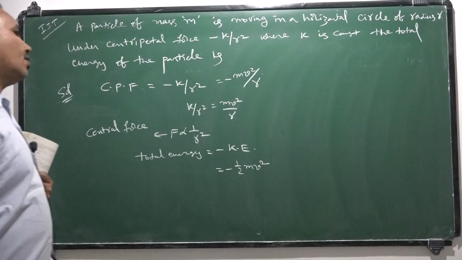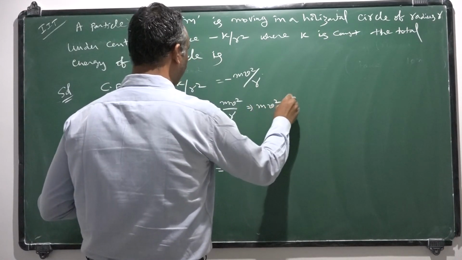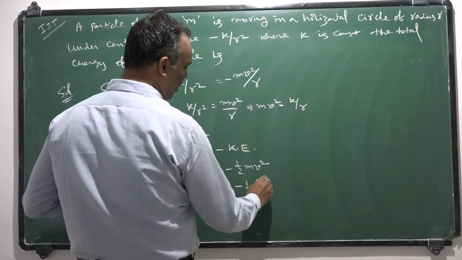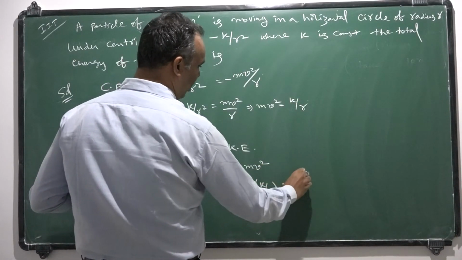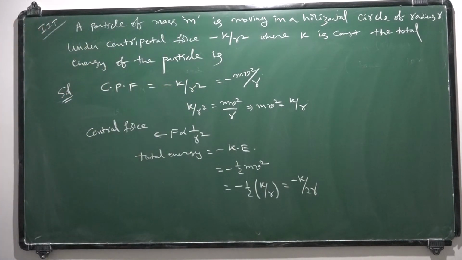From here, you can get mv square value as K by R. By substituting K by R here, minus K by 2R is the total energy. So the total energy of the particle is minus K by 2R. This is the solution for this question.